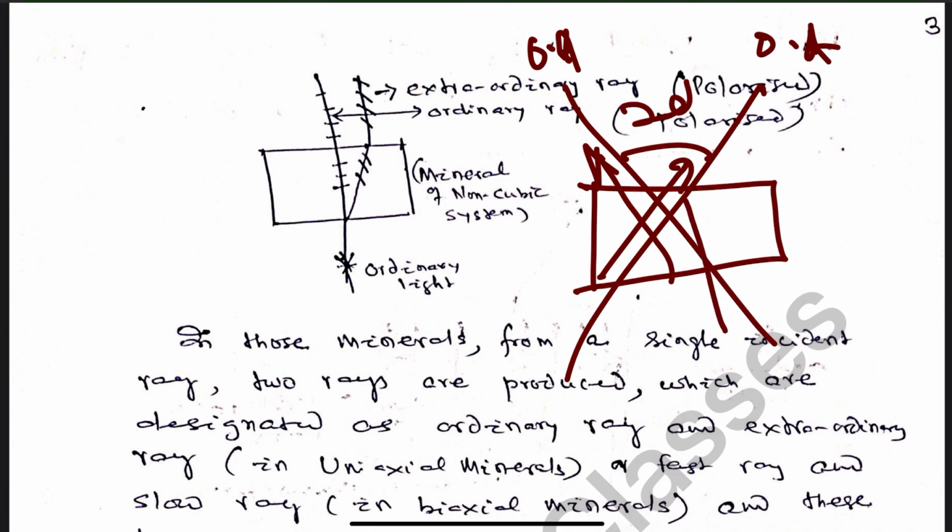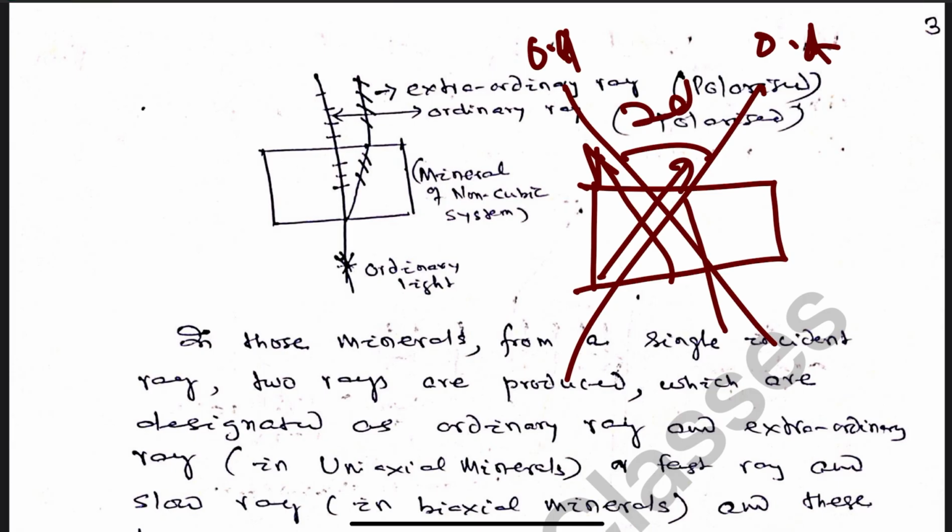But in other directions light is found to be polarized, or there occurs double refraction, with the formation of two rays out of a single incident ray. These two rays are described as the fast ray and the slow ray, and they vibrate in two mutually perpendicular planes and are found to be polarized.